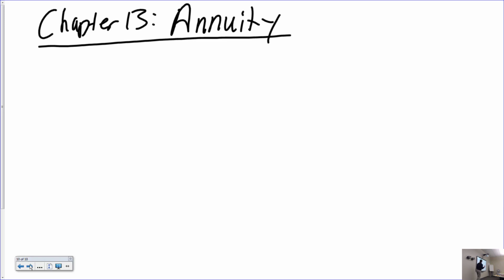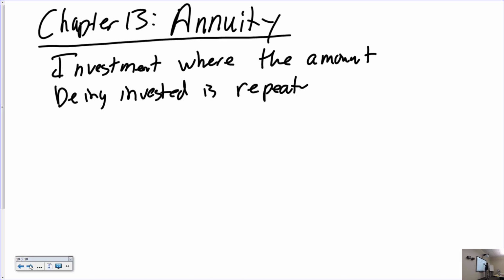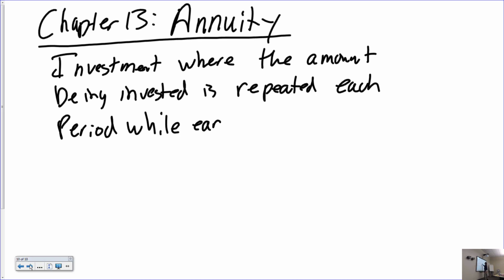An annuity, folks, the only difference between annuity and compound interest is that when you have an annuity, instead of just investing once, you invest every period. An investment where the amount being invested is repeated each period while earning compound interest.